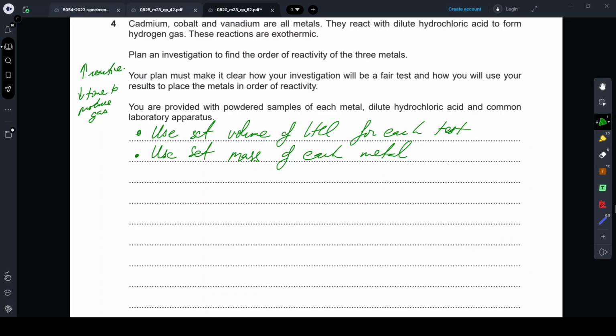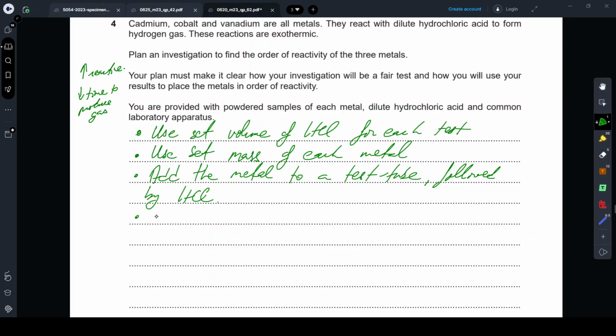Then you're going to add the acid, not aid, acid to, in fact, you're going to add the metal to a test tube, followed by HCl.